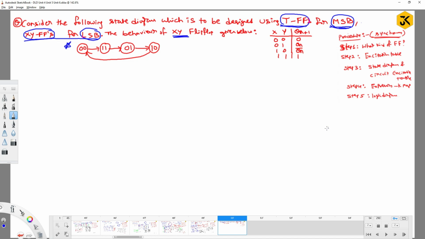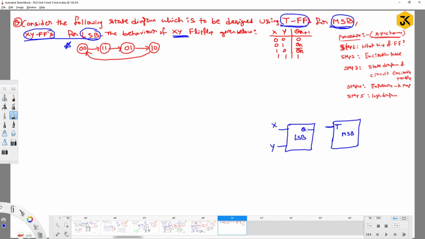For example, if you want to have clarity, they are saying that if you take two bits, one is the MSB bit, another one is the LSB bit. On the LSB side they are going to use an XY flip-flop, and this is the LSB flip-flop. And for the MSB flip-flop they are trying to use a T flip-flop, right?